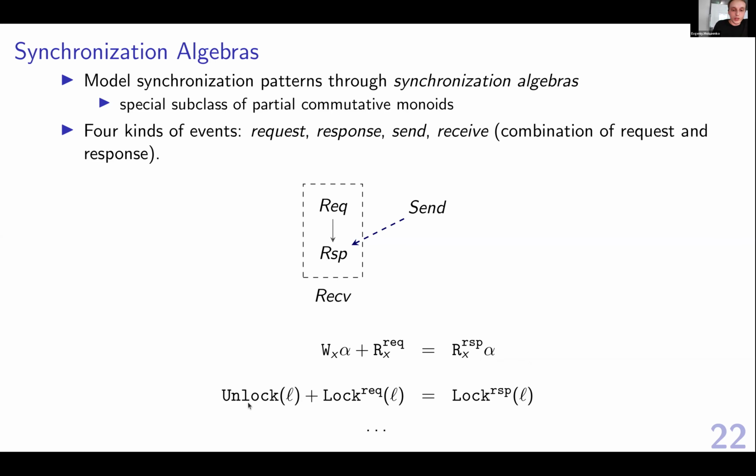For locks, we have a similar pattern: an unlock event can synchronize with a lock request event and produce a lock response event, and so on. So this is a nice way to abstract all the different synchronization patterns in programs and handle them uniformly in the algorithm.